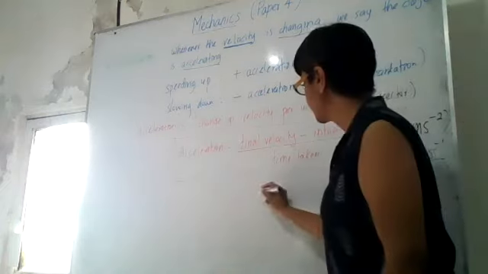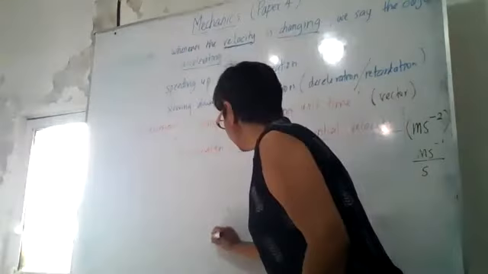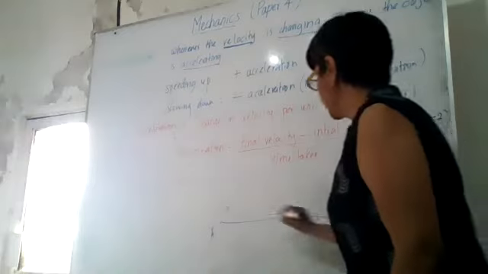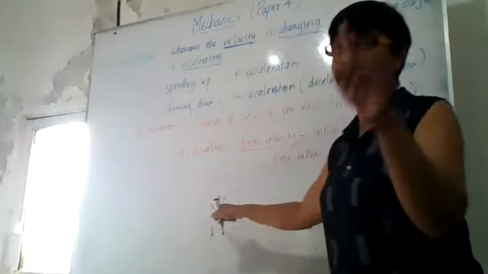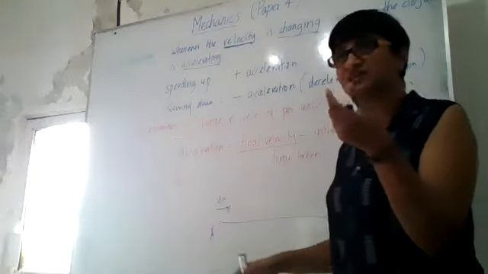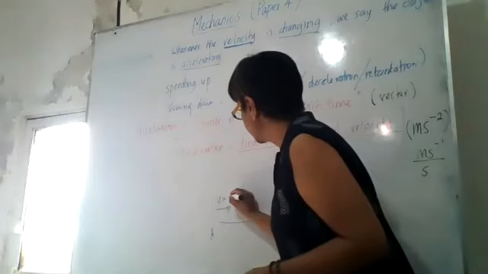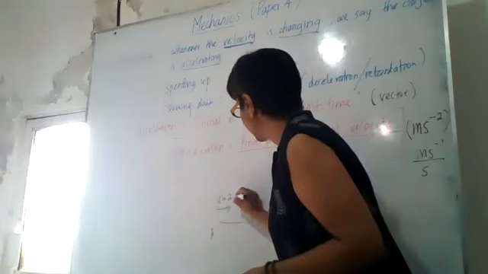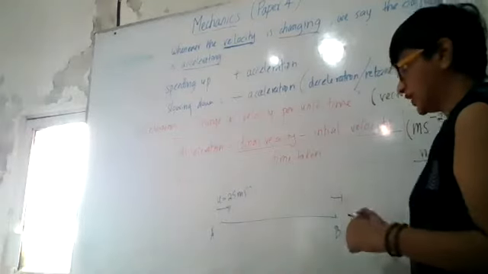Say, for example, something is moving from A to B. Here your speed is, you will learn these symbols later, I'm just using them now. Initial velocity, the standard symbol we use is U. Say U is 25 meters per second here, and when it is passing B, it's slowing down.